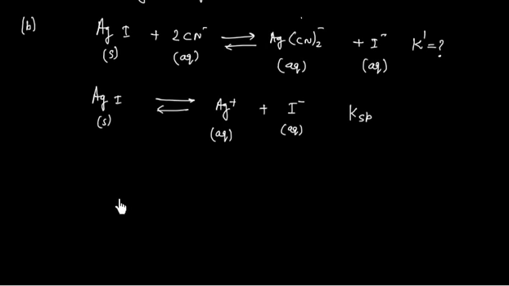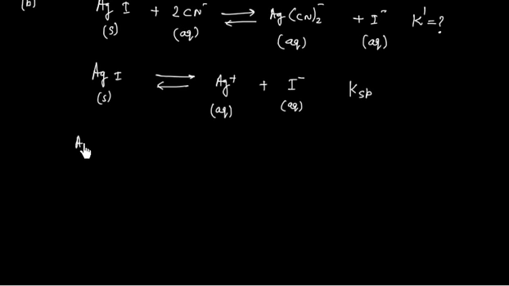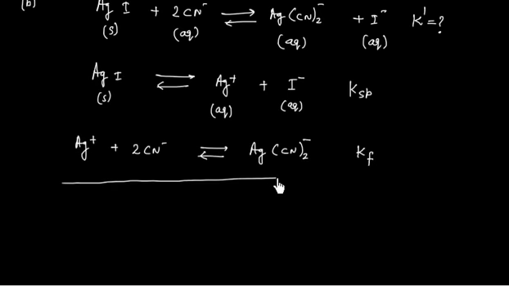Next we can write a formation expression, that is Ag plus can combine with 2CN minus to give Ag(CN)2 minus, and the equilibrium constant for this equation is the formation constant Kf. Now the Ag plus coming from the first equation, that is solubility, is used in the second equation, that is formation of a complex.